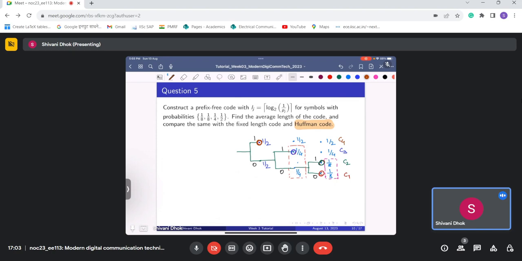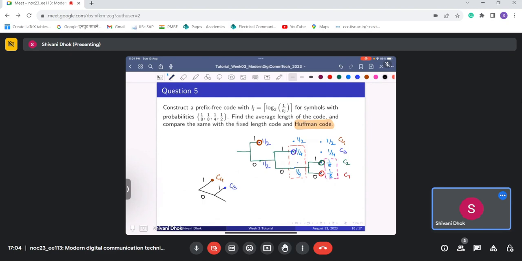So if I reconstruct it, it looks something like this. This is C4 with 1 0. Then again this is extended. This is C3.